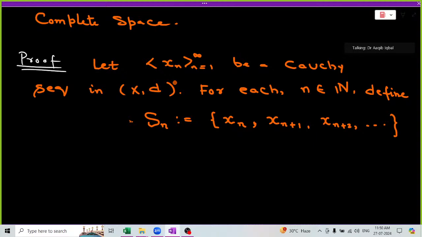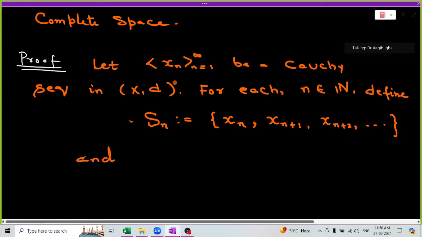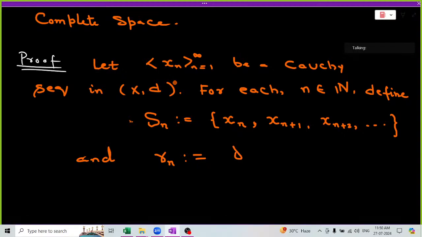ठीक है, so this is Sn, and यहाँ हम एक और चीज़ अब डिफाइन करेंगे, वही Rn. It will be defined as the diameter, जिसको हम डेल्टा से डिनोट करते हैं, the diameter of Sn. And we know what is diameter.